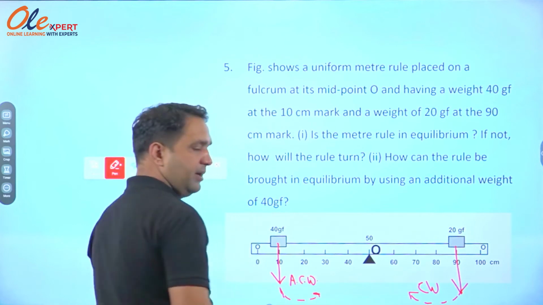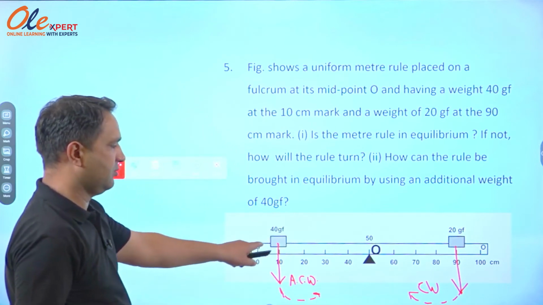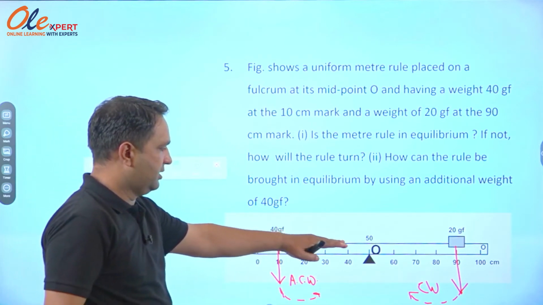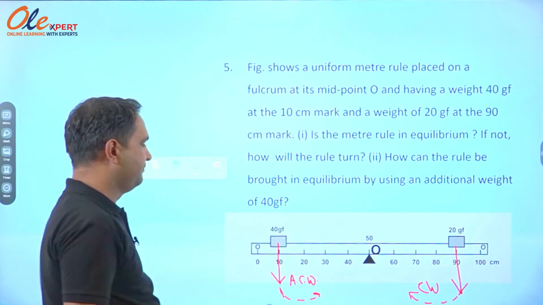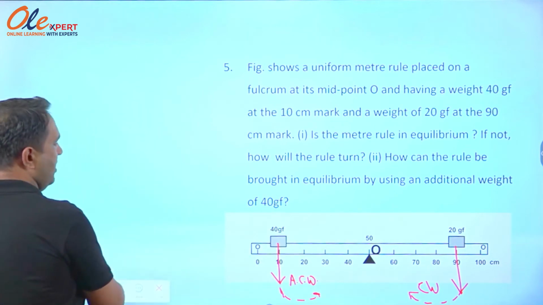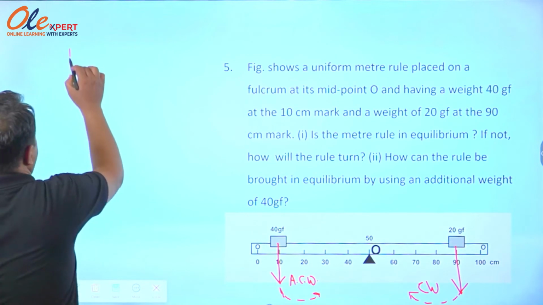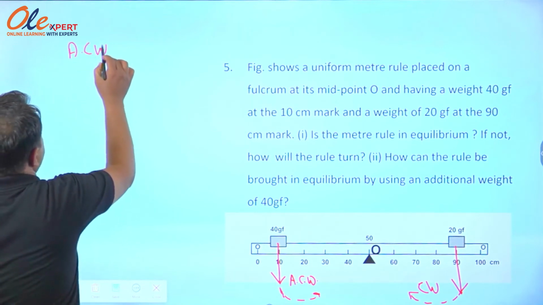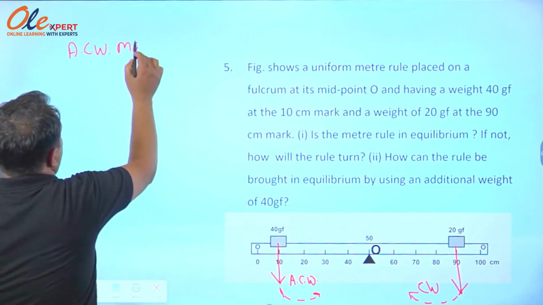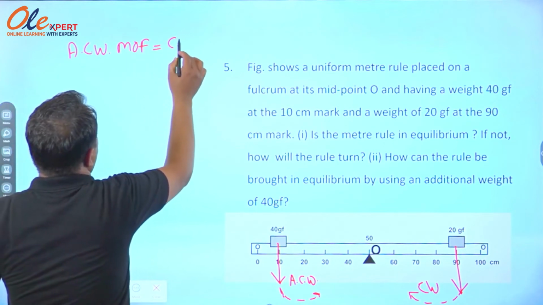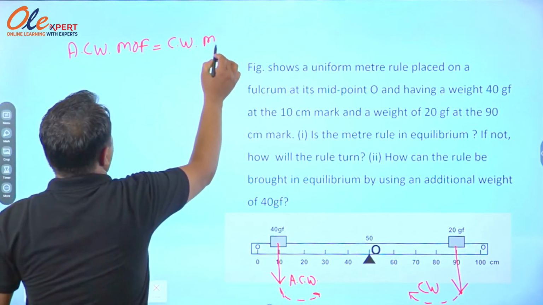Both should be equal, then only the meter rule will be in the state of equilibrium. So let's see whether these two are equal. Anti-clockwise moment of force should be equal to clockwise moment of force.